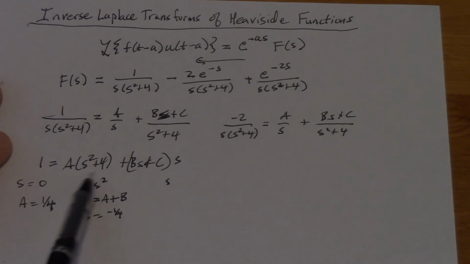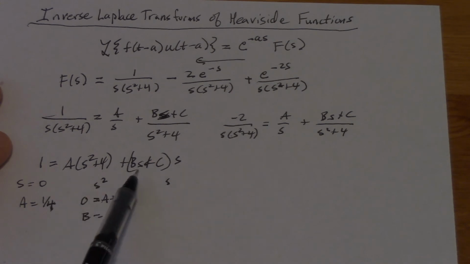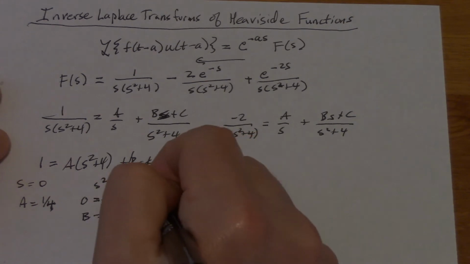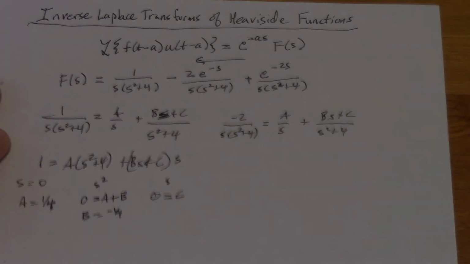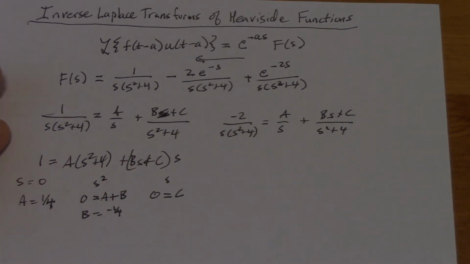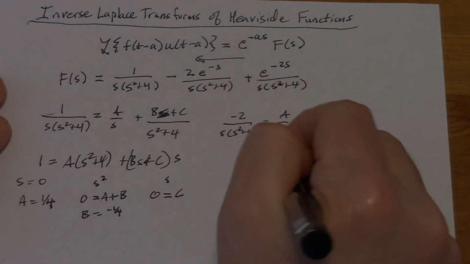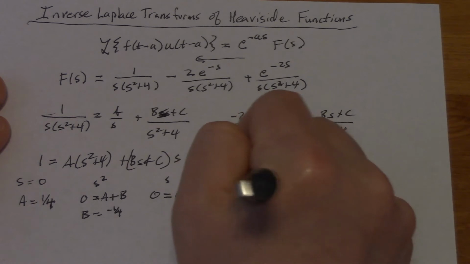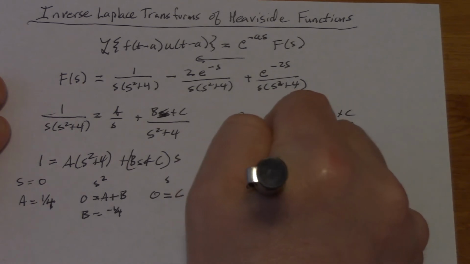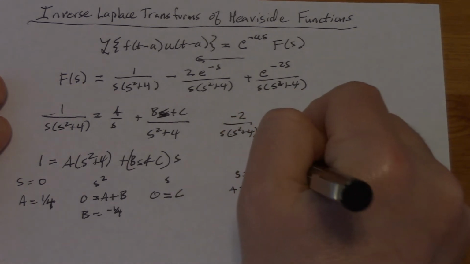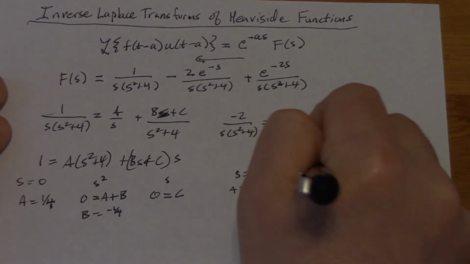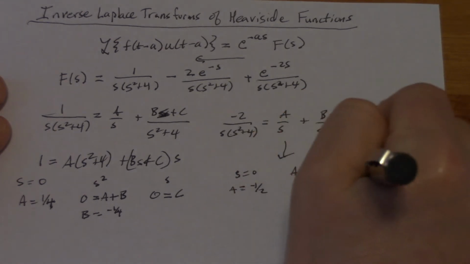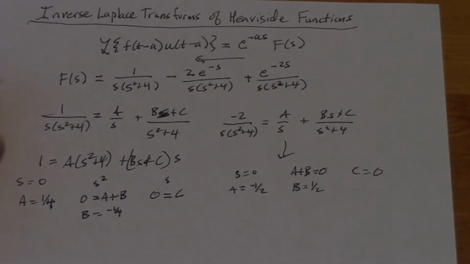There's no s term on the left, but there is one on the right, Bs squared plus Cs, so 0 equals C. I'm not going to go through it, but if you do the same thing for the other one, when s equals 0, A is negative 1/2. Then if you group on s squared, A plus B equals 0 again, so B equals 1/2. And C is going to equal 0 when you group on s's.